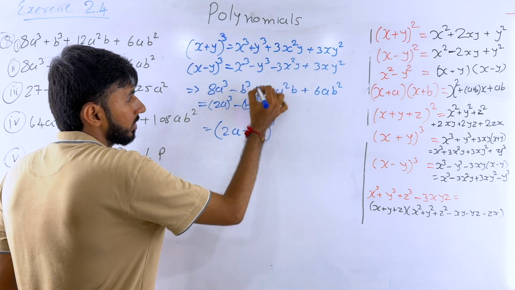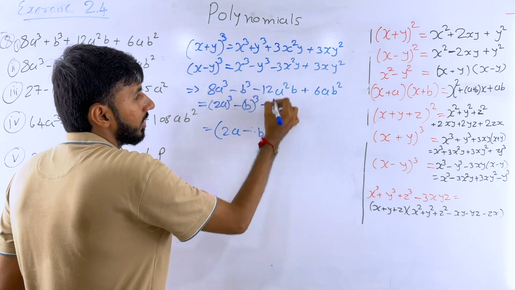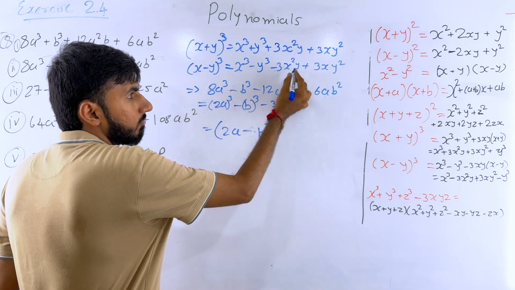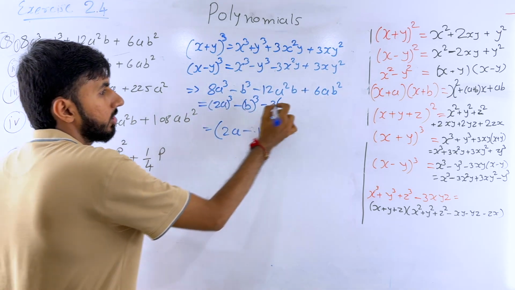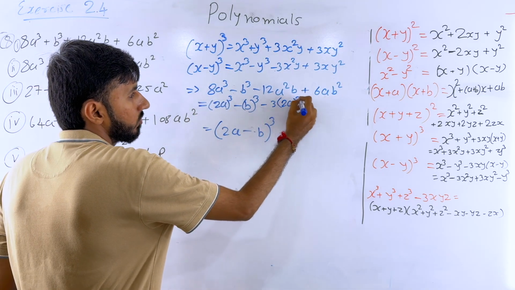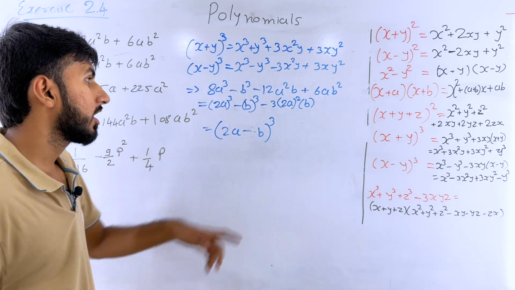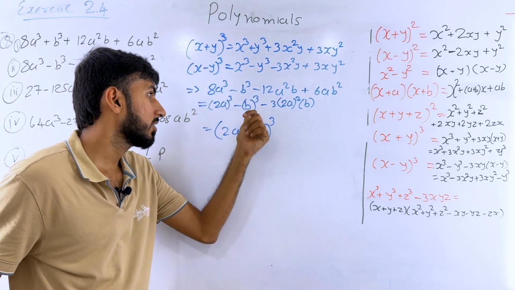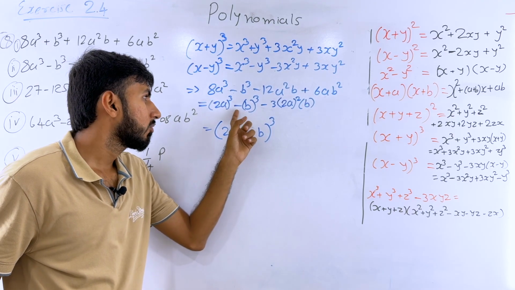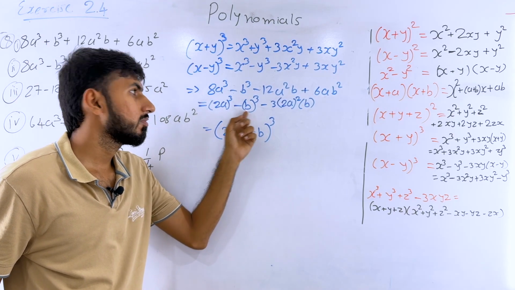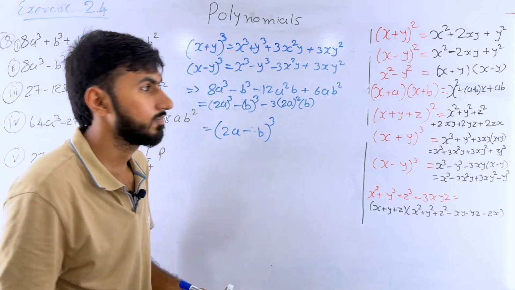Then minus sign here, write it as it is, and 3x square y, that means 3 times square of first and second one as it is. Square of first, my first term is 2a only, so (2a) square, second term is b only, so write b as it is. See here, I don't have second term as minus b, right? So you don't have to get confused with it. Here I have minus sign, and the second term is b cube, so my second term is b, that I have to write here.